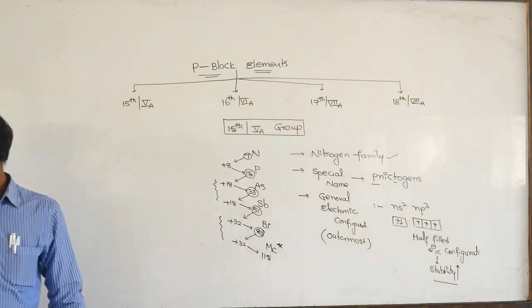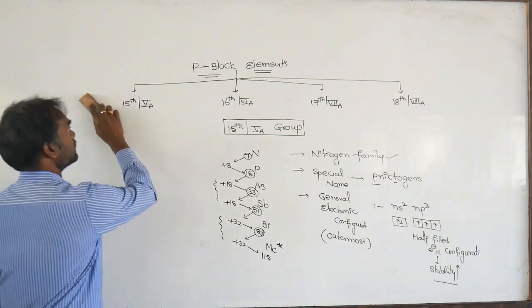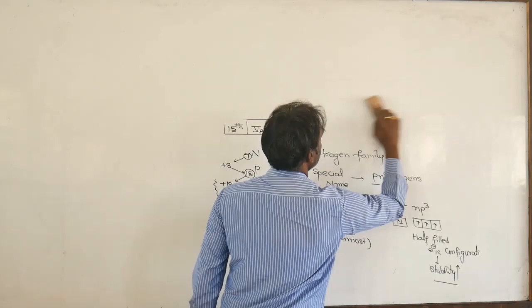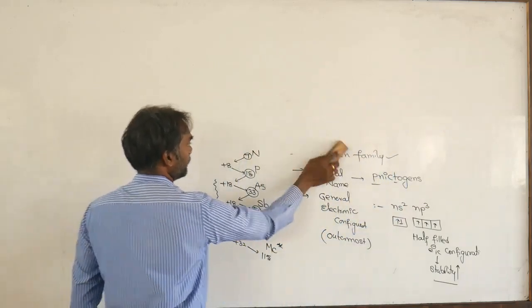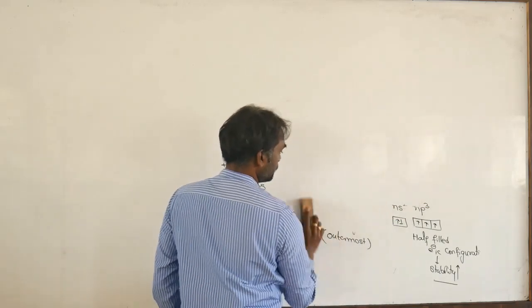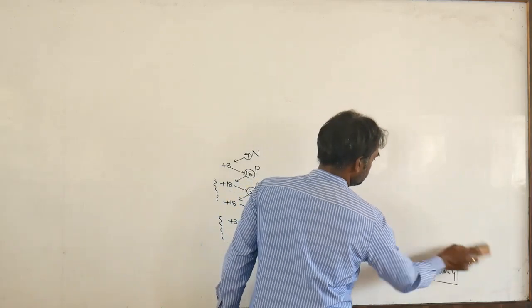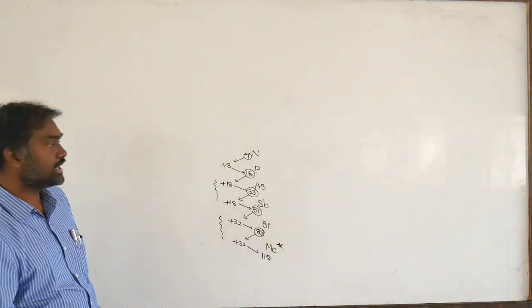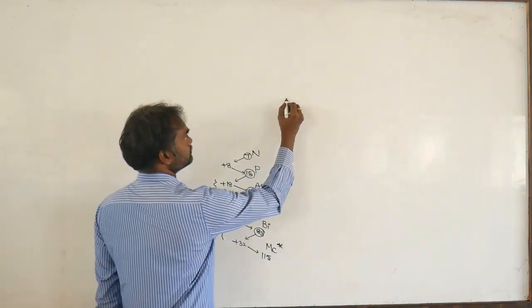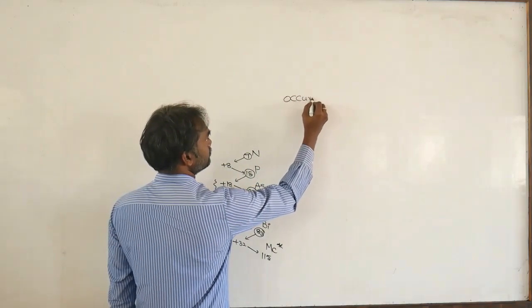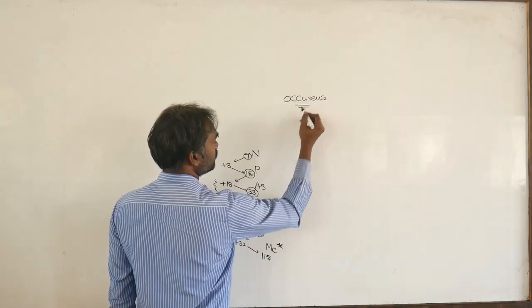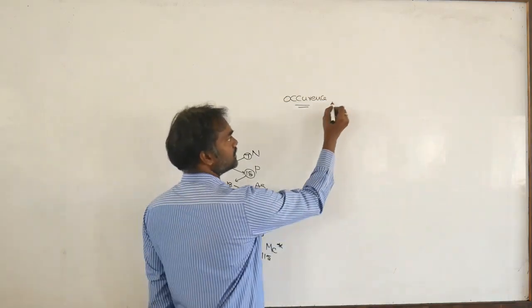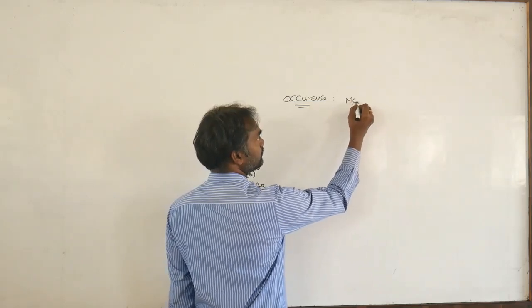Next, some other points we'll see. If you see occurrence, where are these available? Nitrogen is the most abundant element in the atmosphere.